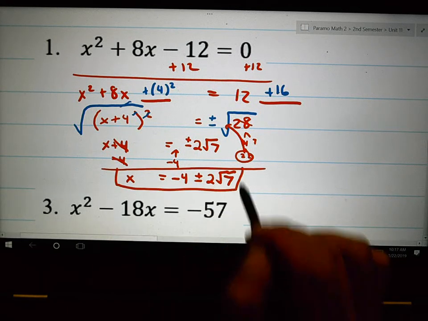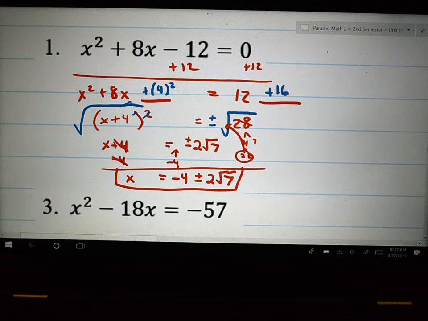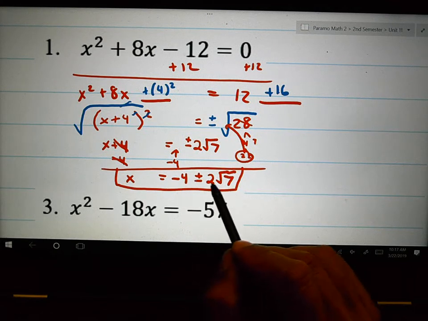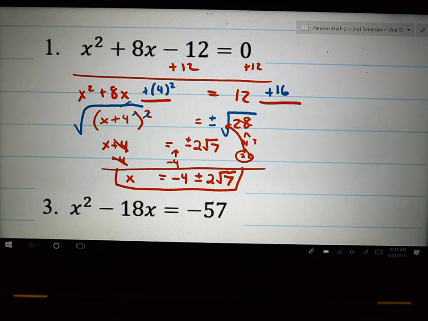This is your final answer. It's an ugly answer, but it is your answer. Your answer is negative 4 plus 2 root 7 and negative 4 minus 2 root 7. It's not hard. It just doesn't come out nice and pretty.